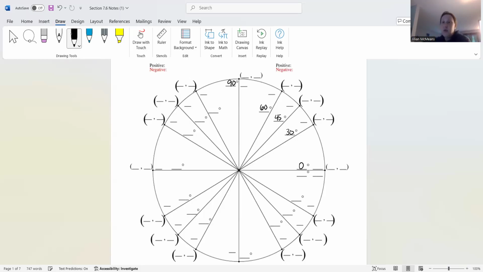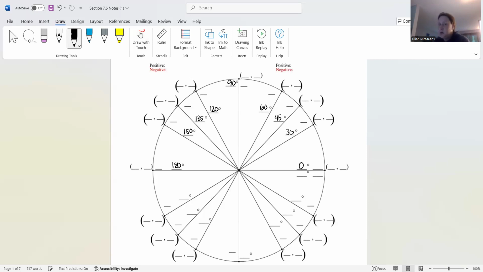Then we do the exact same thing from the positive y-axis to the negative x-axis: we increase by 30, 15, 15, 30. So 90 plus 30 is 120, plus 15 is 135, plus 15 is 150, and then plus 30 again is 180. We should remember 180.